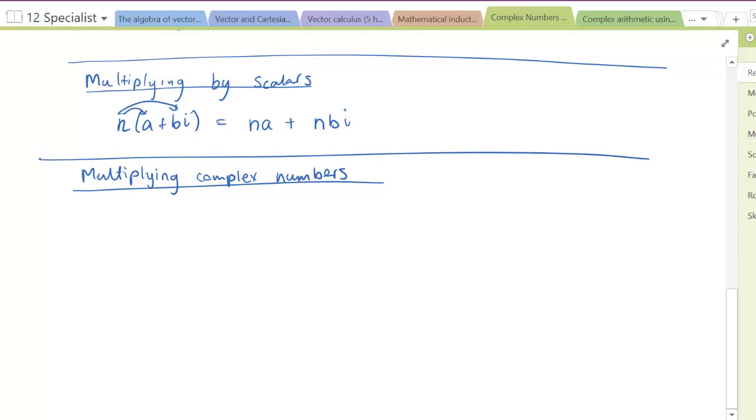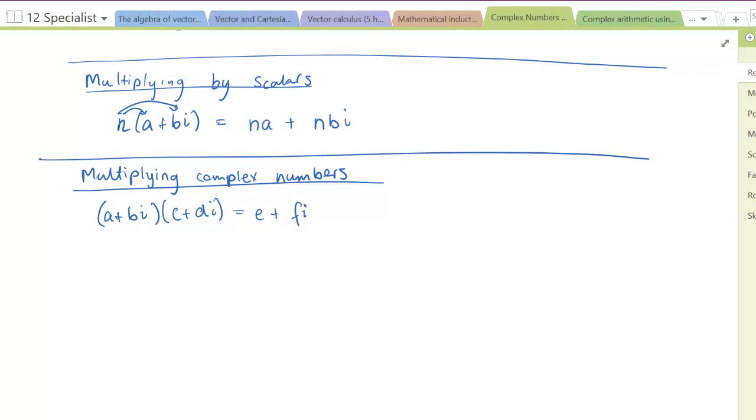When we look at multiplying complex numbers, the nice thing is it doesn't matter how you multiply them. So let's say we've got a plus bi multiplied by c plus di, so we've got the product of two complex numbers. The outcome will always be a complex number in its simplest form.